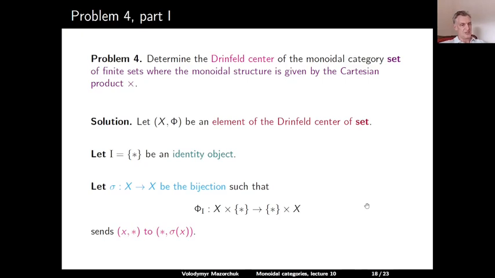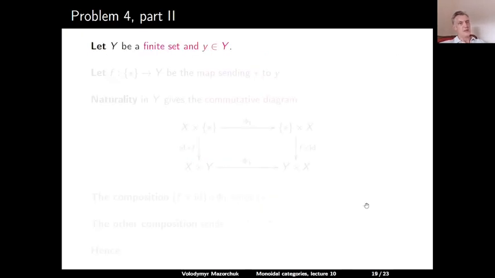So there is some bijection from x to x with this property. Now let y be a finite set and little y a fixed element of our set y. Consider the function f from our singleton star to y, which sends star to our element little y.